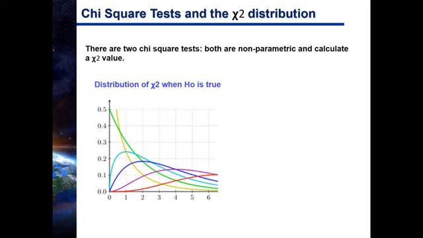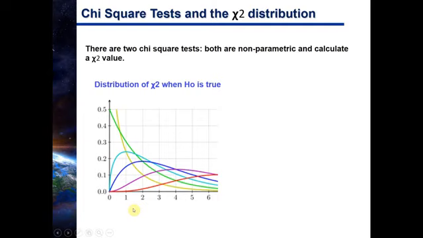So here are some pretty color-coded distributions. All of them are chi-square distributions. They look radically different though, right? If you look at this golden yellow line here, that looks very, very different than this red line, all right?